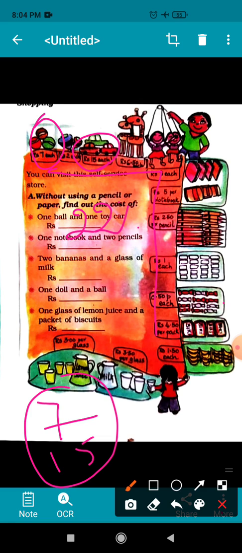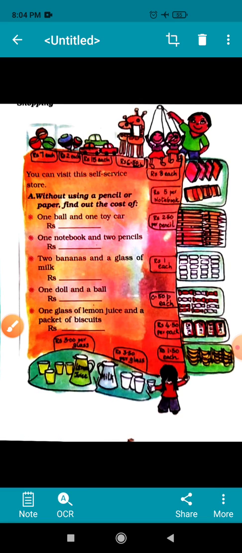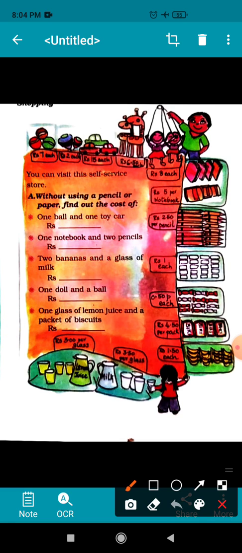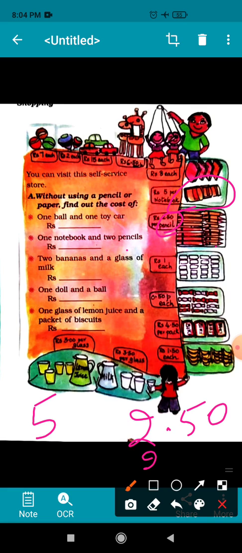Okay. Children, now if you purchase one notebook and two pencils. Here you can see one notebook costs rupees 5 and two pencils. Here you can see one pencil costs rupees 2.50. So the second pencil cost will also be rupees 2.50.